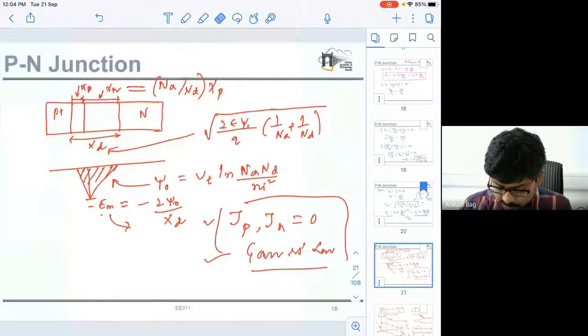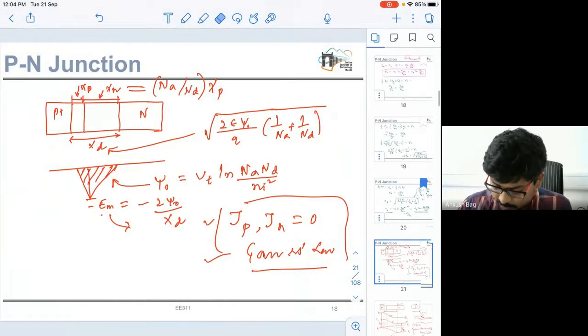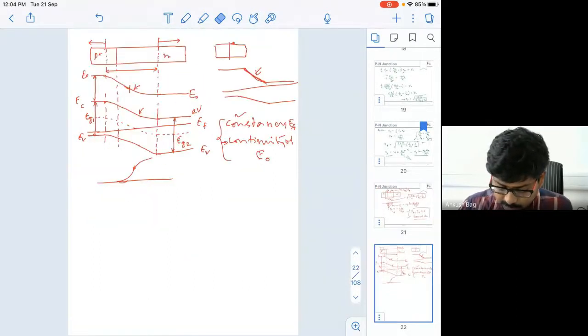So this was the summarizing slide. And then we have also seen the different concepts associated with the band diagram. Under equilibrium, when drawing the band diagram, we need to follow two primary principles.